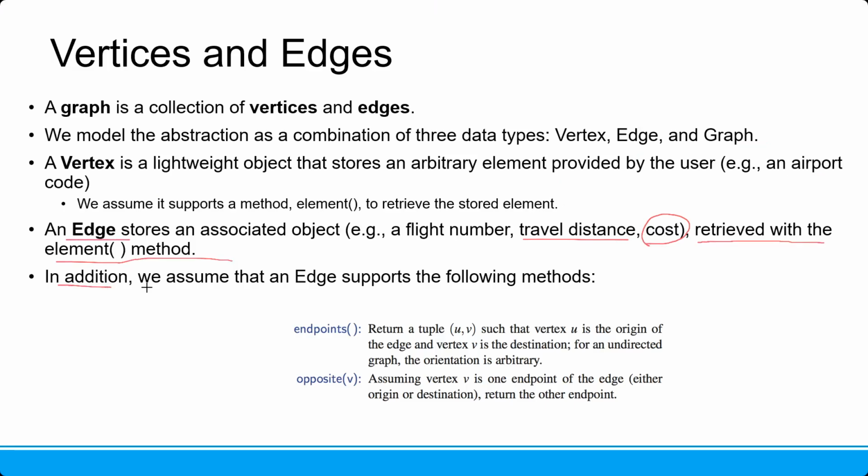In addition, we assume that an edge supports the following methods. Endpoints. You still remember endpoints? The endpoints means if we have a tuple U and V, so the vertex U is the origin of the edge and vertex V is the destination. U is origin and V is destination.